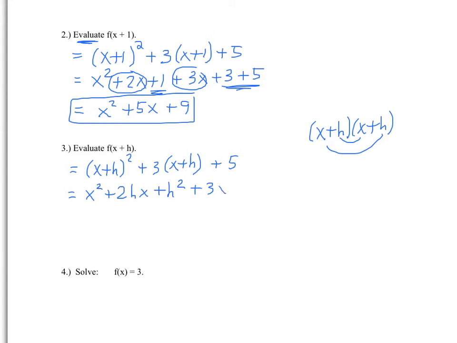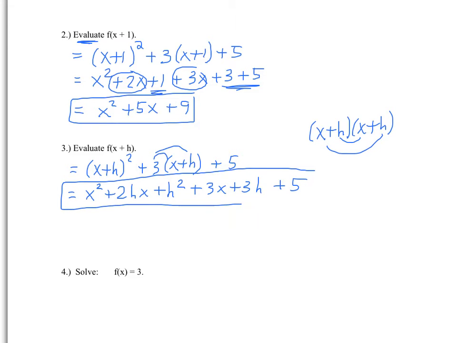Let's distribute. Alright, right there, just distributed, plus 5. Now if we scan across this and look for like terms, there aren't any. So this is as simple as we could make it. So there's no like terms, nothing to combine.